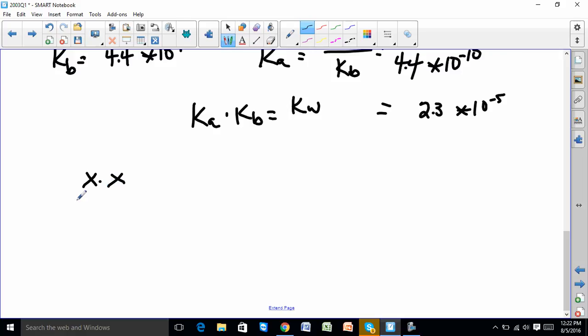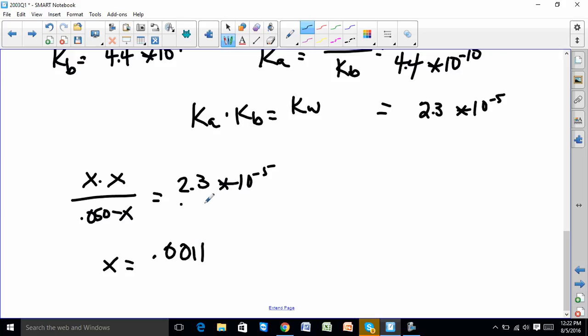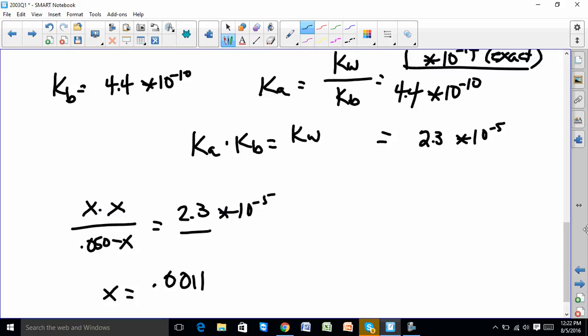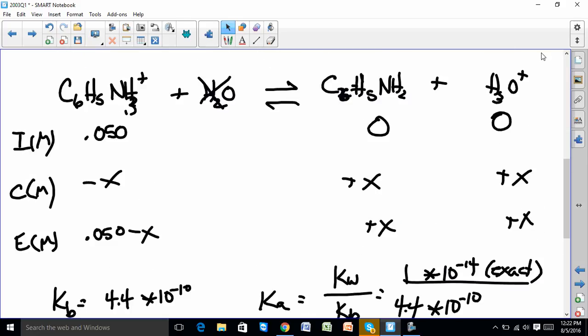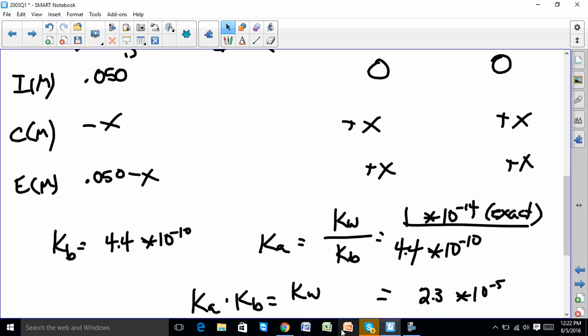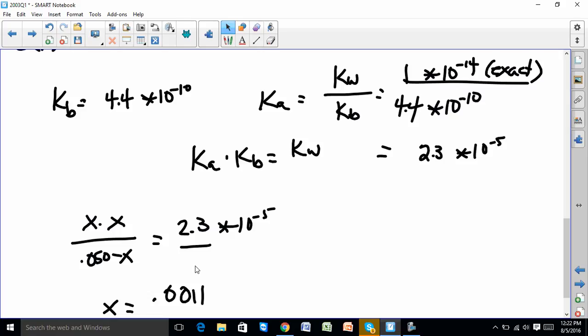X times X over 0.050 minus X equals 2.3 times 10 to the negative 5. And if you put that in your solver, X comes out to be 0.0011 because you only get 2 sig figs. And if you look up here, X is defined as the H3O+, which is logically equivalent to H+ concentration.